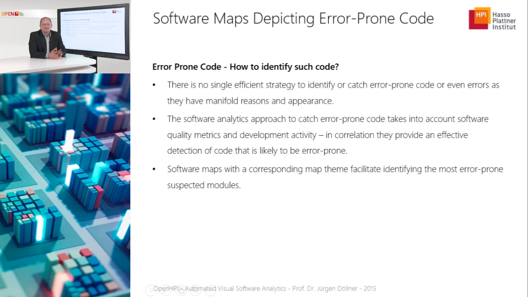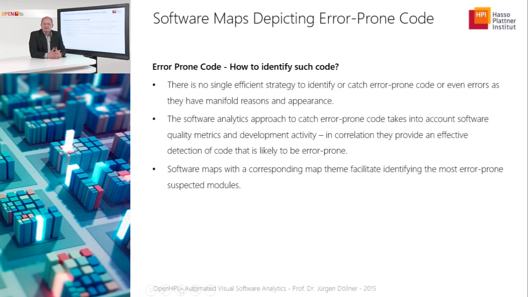Sometimes it's due to insufficient test coverage, sometimes it has algorithmic problems, sometimes there might be a technical reason for causing an error. So we have a manifold group of reasons that cause error-prone code.